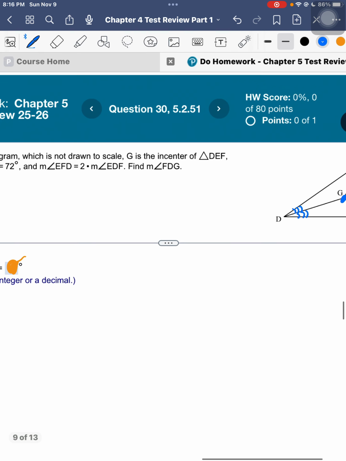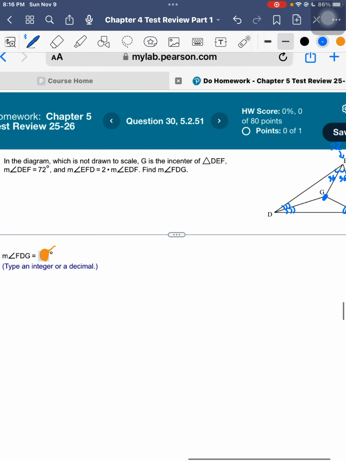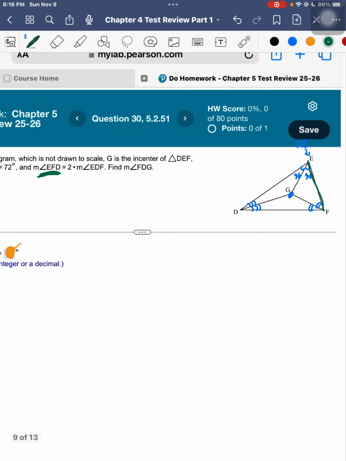Oh, okay, whoa, what is all this? Measure EFD. So where's EFD? EFD. Okay, so this really big angle is 2 times the measure of EDF. So where's EDF? EDF. Okay, let's color code this to help us.